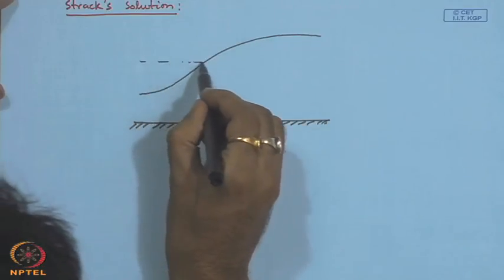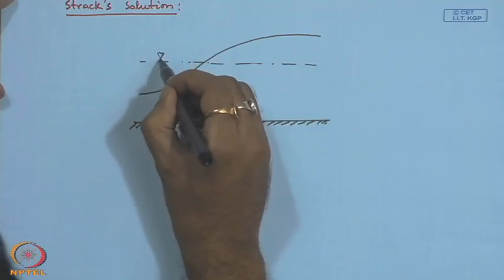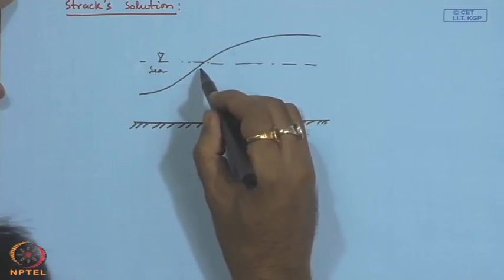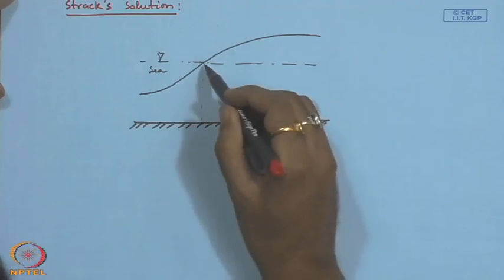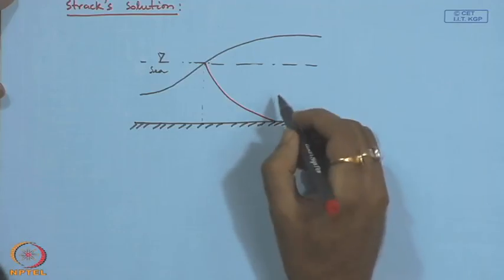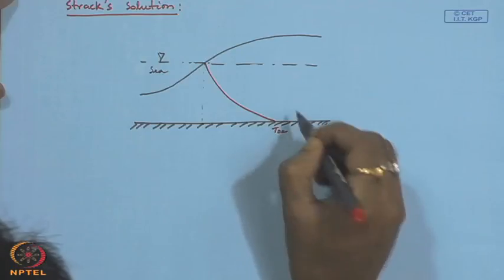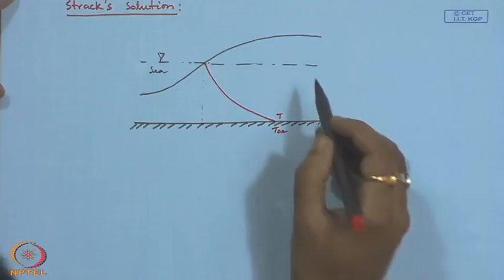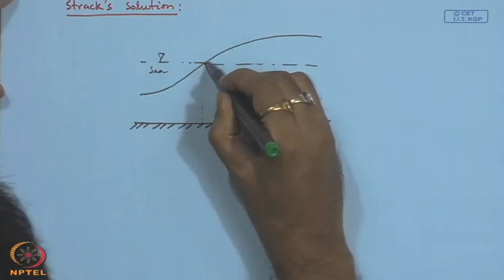So, we have the location of the sea surface or ocean surface, we have the interface located as the toe or T, and we have the groundwater table.